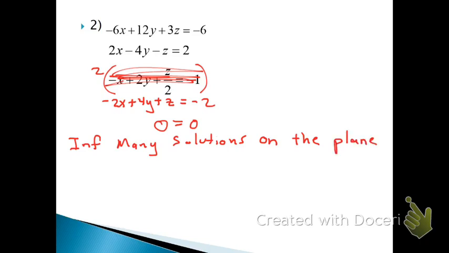Spell plane correctly. Okay? A mathematical plane. On the plane, and then just say any of the equations. It doesn't matter which one. Let's grab that middle one. It looks the prettiest to me. So on the plane, 2x minus 4y minus z equals 2.